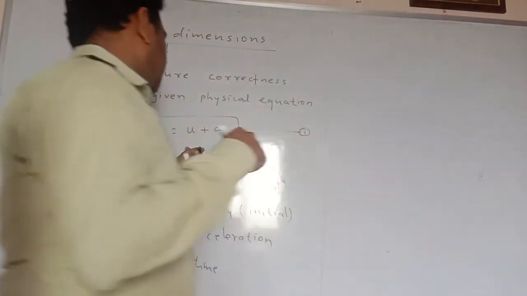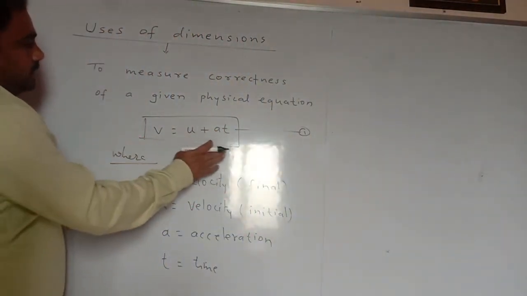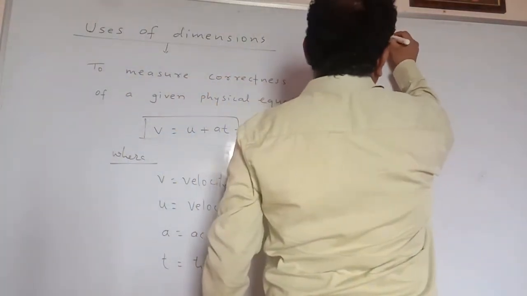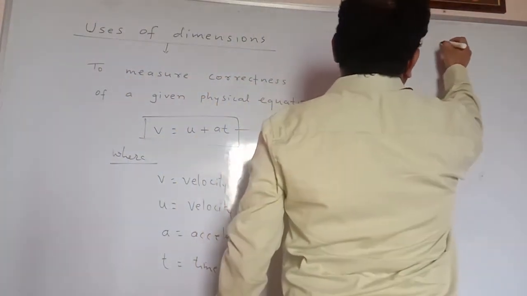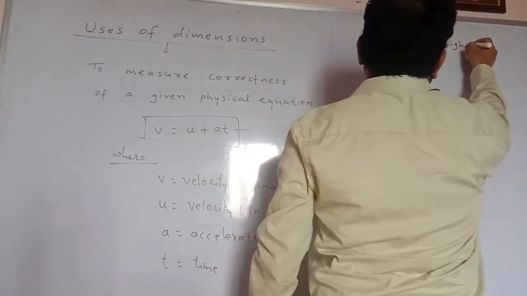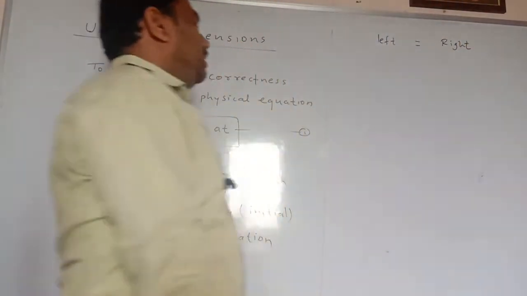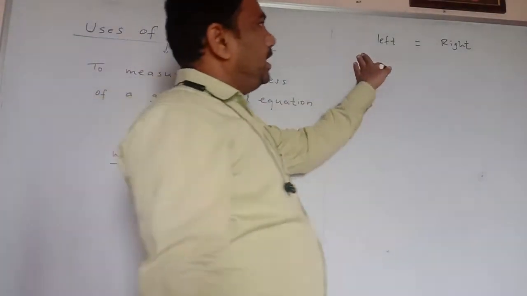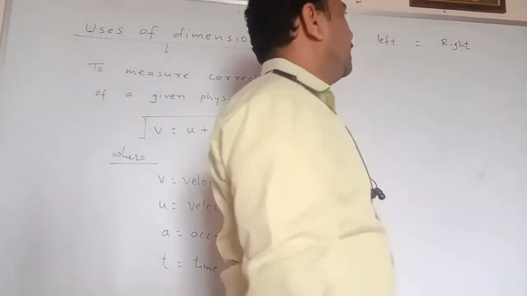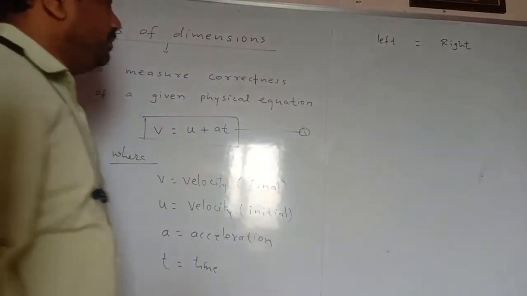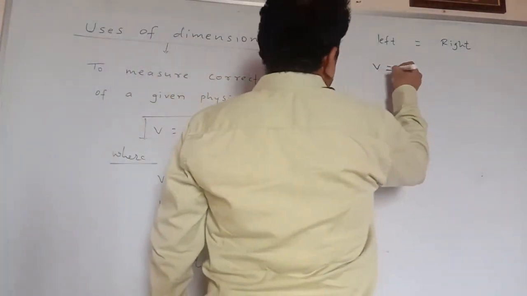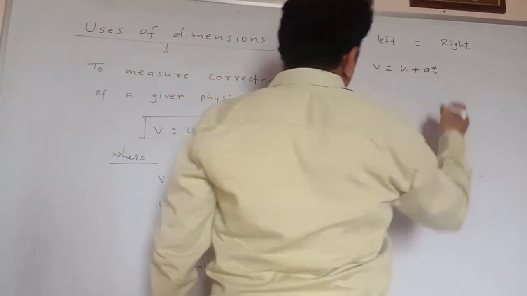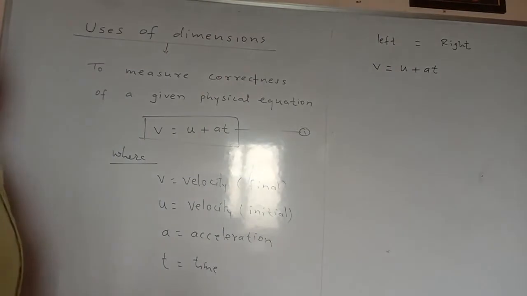In this equation two sides are there, one is left and another is right. The given equation is correct if the left hand side is exactly equal to the right hand side. Left hand side is v, right hand side is u plus at.